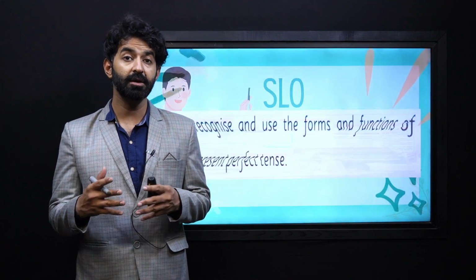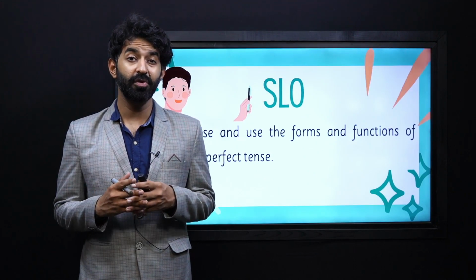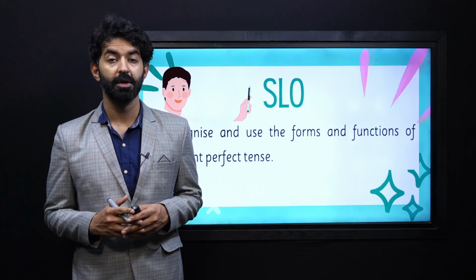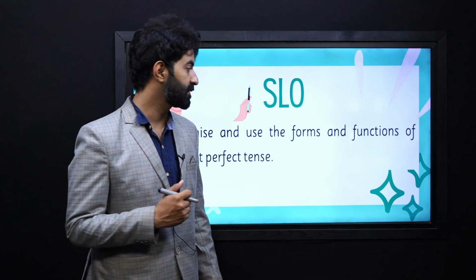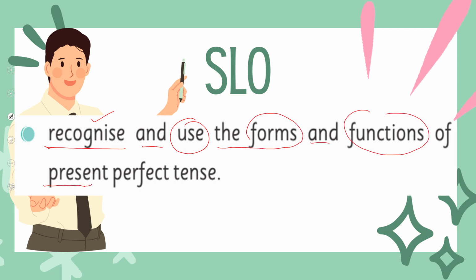It's deduced from our students' learning outcome. So let's read and try to understand our students' learning outcome so that we can begin our lesson. So our SLO is: recognize and use the forms and functions of present perfect tense.